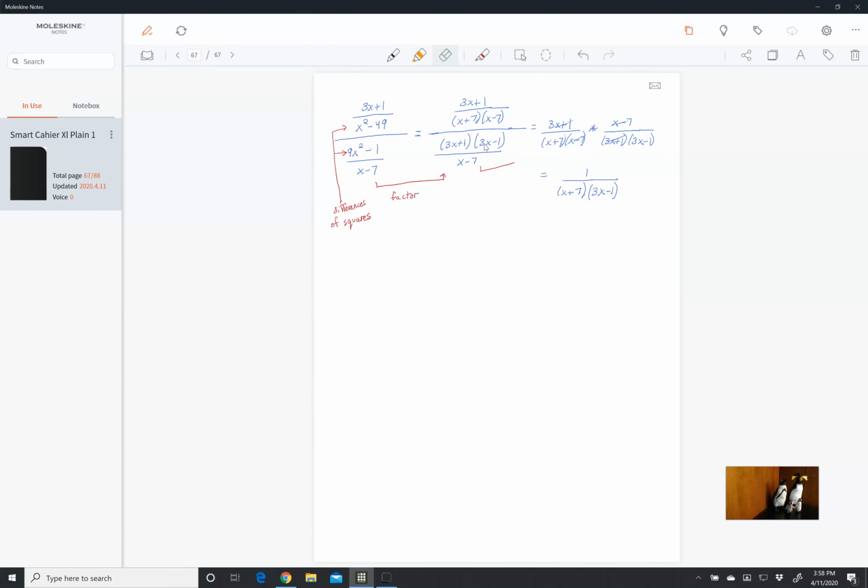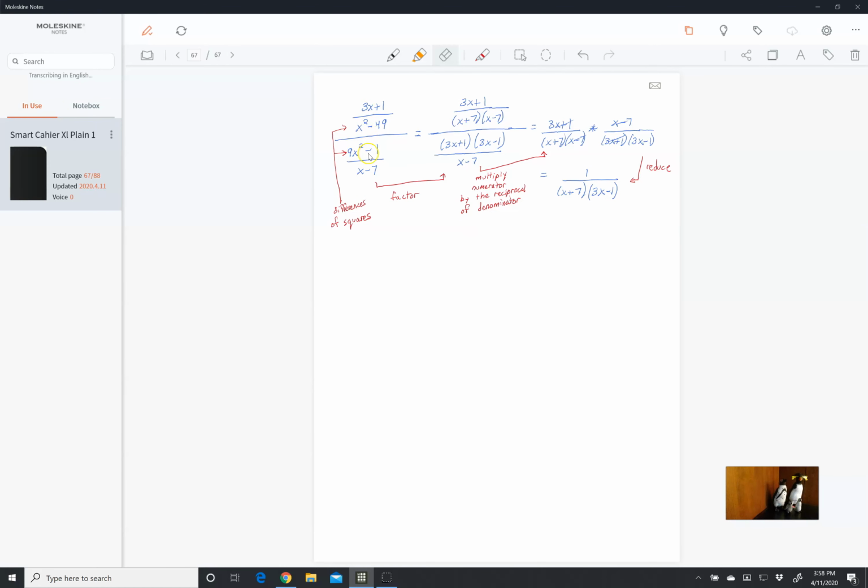Then from here to here, we multiplied the numerator by the reciprocal of the denominator. And then from here to here, we just reduced. So this was a complex fraction where we saved a lot of time because we didn't have to do any addition or subtraction.